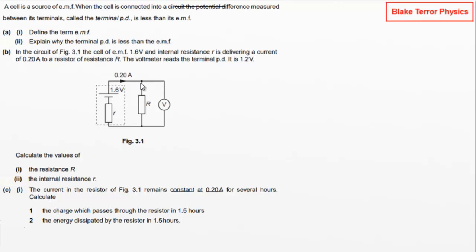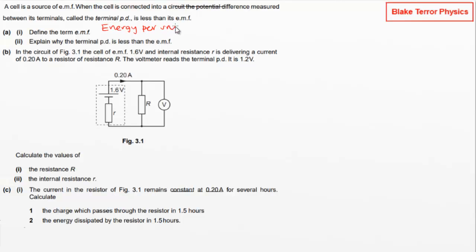These are the sort of things that tend to catch people out because they don't practice their definitions enough. If you get stuck with definitions, start with saying what the unit is. So we know EMF is in volts, so we want to say something about energy per unit charge because that's what voltage is.